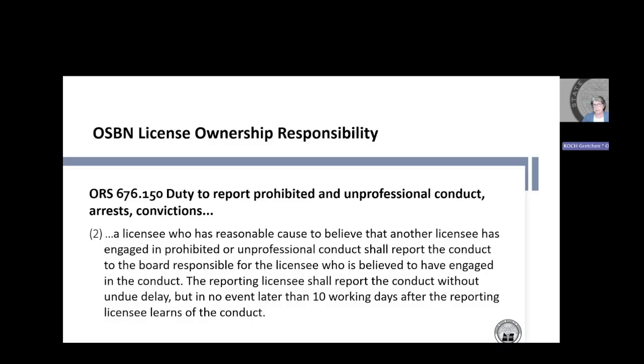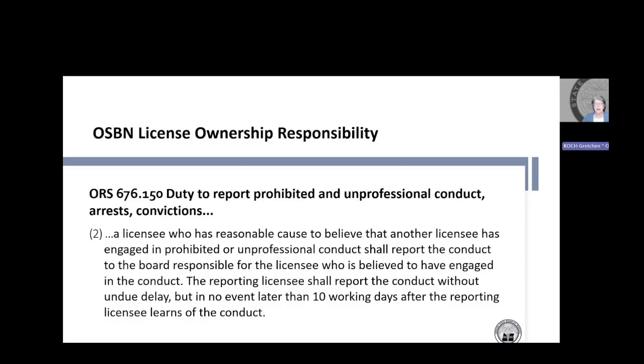The point here is that the licensee of any of the identified boards who has reasonable cause to believe that a licensee of any of the 24 boards has engaged in prohibited conduct or unprofessional conduct must report the conduct to the board responsible for that licensee and do so no later than 10 working days after learning of the conduct.